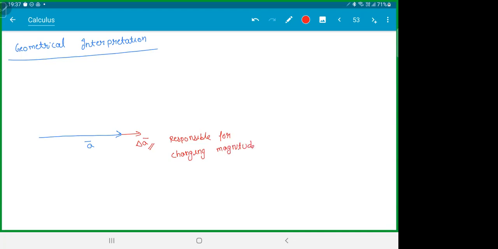Or you can rotate the vector, delta A perpendicular, which is responsible for changing direction. So whenever you say there's a change in a vector, there are two parts in it.